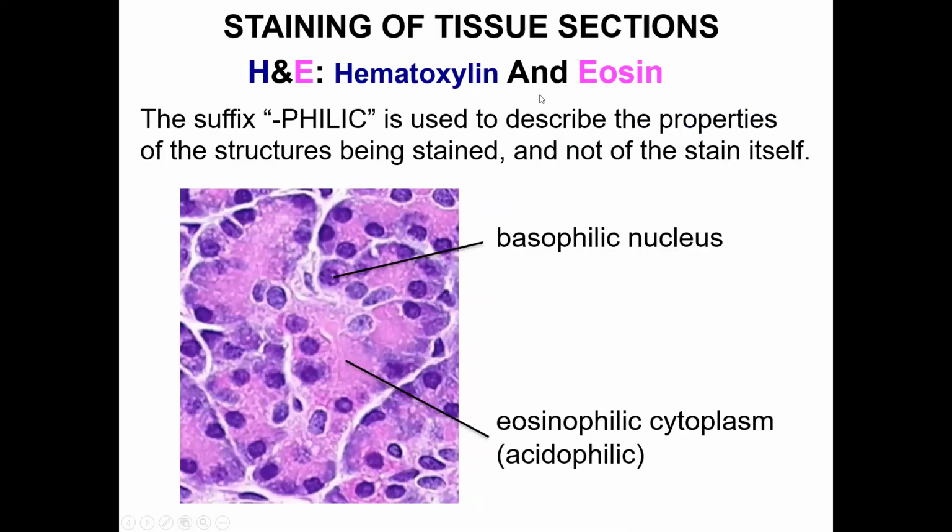So coming back to the characterization of the structures that are stained with H and E, I note that the suffix philic in basophilic or eosinophilic is used to describe the properties of the structures being stained and not of the stain itself. The nucleus is basophilic and the cytoplasm is eosinophilic or acidophilic.